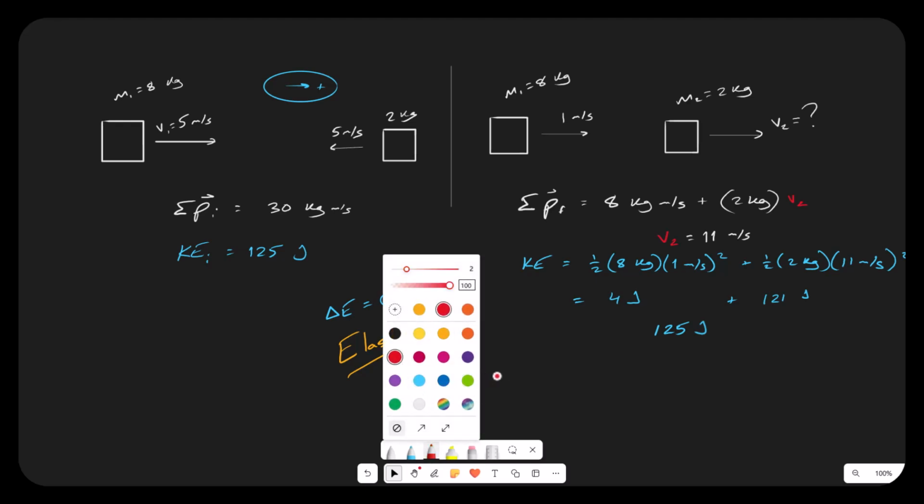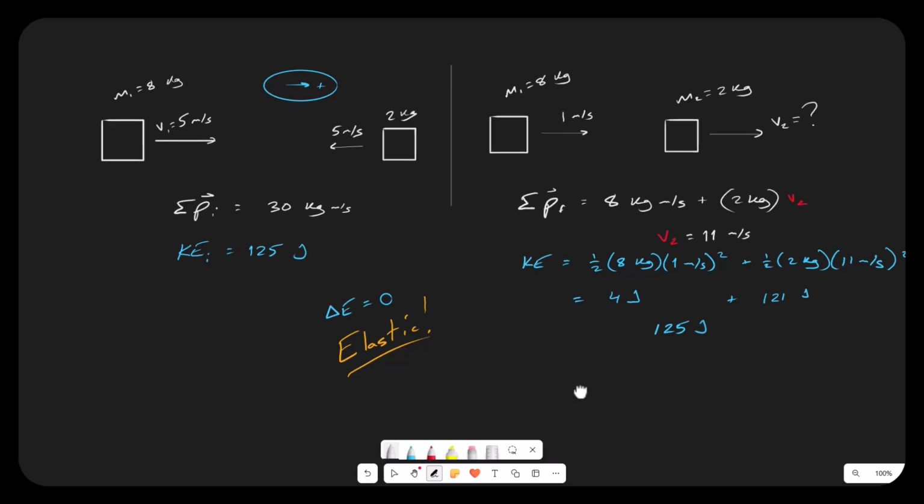So then what do we have? If these things stick together, then that is definitely going to be an inelastic collision. We are definitely losing energy.